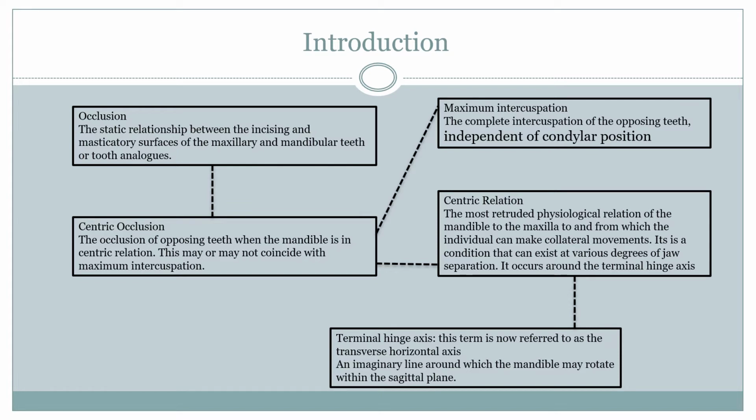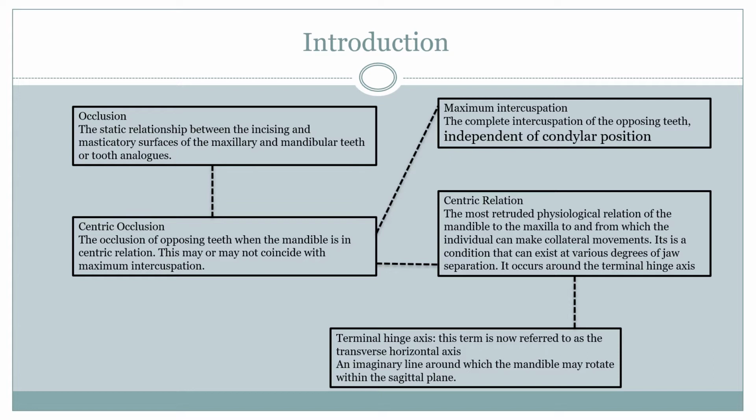Now what is centric relation? In simple terminology, centric relation is the most comfortable, superior most, anterior most position of the condyle in the glenoid fossa. To define it, it is the most retruded physiological relation of the mandible to the maxilla.